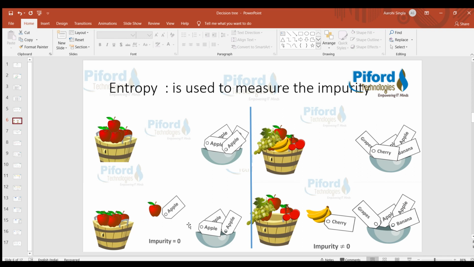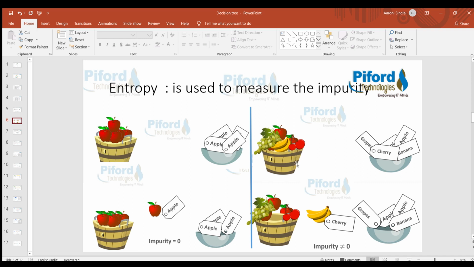So if you want to tie one tag with one fruit, there is no problem. You can tie any tag with any fruit because all the data in both baskets is the same, right? That means there is no impurity, no variation, the data is similar in both baskets. So this is what impurity is. There is no impurity, meaning the whole data is similar.